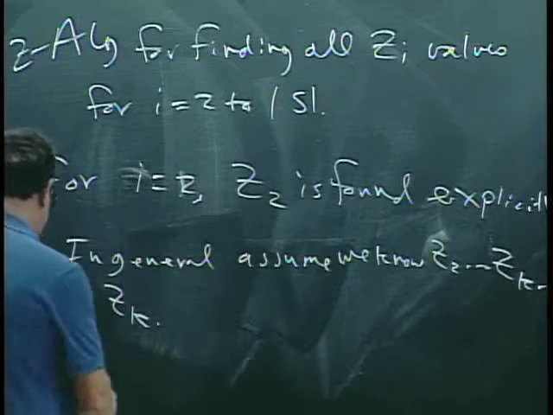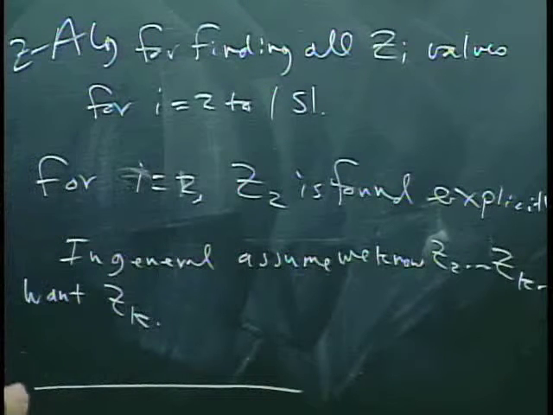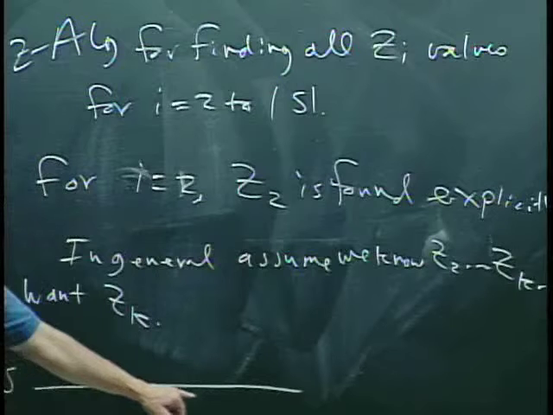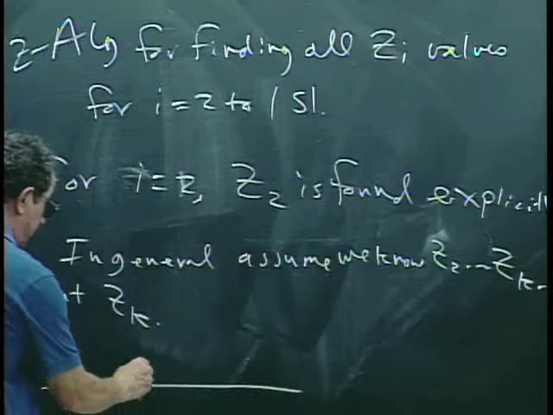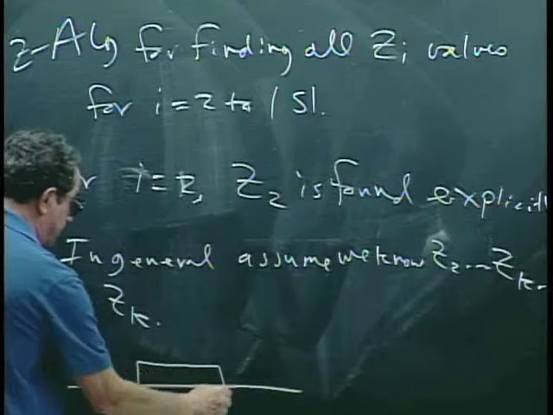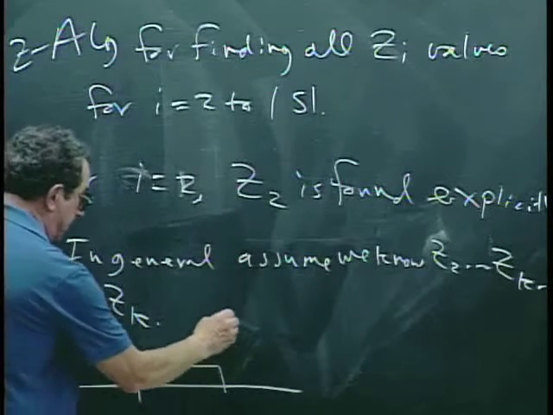Let me just draw this picture. As you're going along computing the Zi values, there are places where the value of Zi is bigger than 0. And they define what I called last time a Z box.